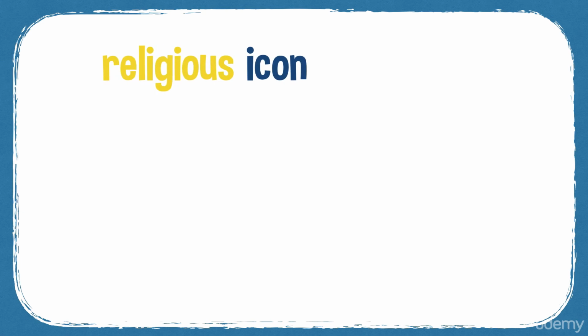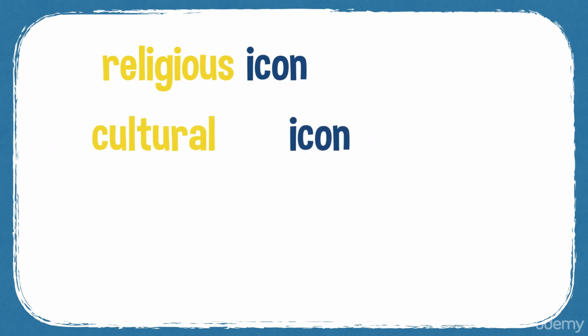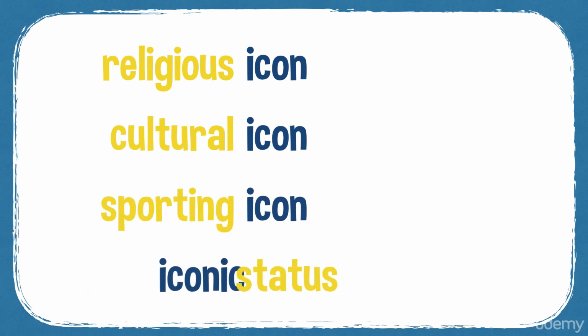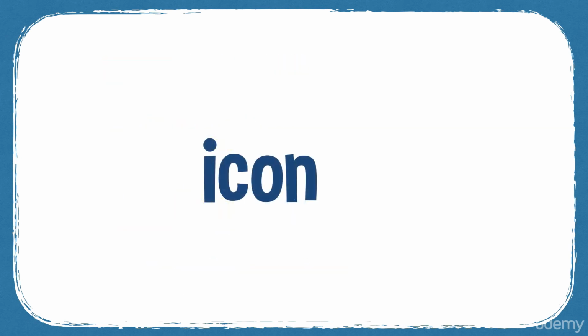Religious icon is a very common collocation, but so is cultural icon, sporting icon. Icon can turn into an adjective, so you could have iconic status. So David Beckham has iconic status. Elvis Presley has iconic status.